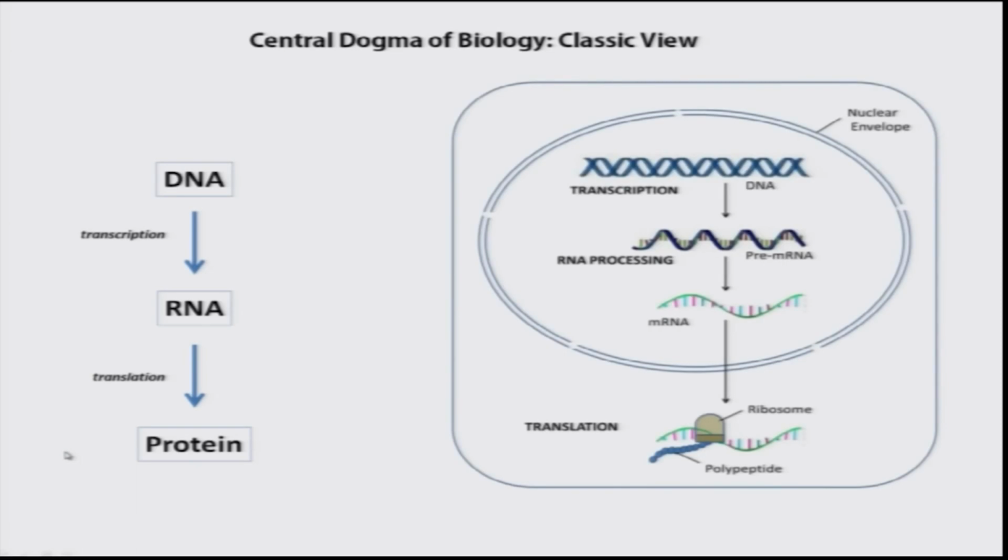This process is shown here in the schematic, where we have our DNA inside our chromosome, and that is being copied by the process you call transcription, and you have this mRNA, which is processed to form a mature mRNA, which moves out of the nucleus into the cytoplasm of the cell, where you have machinery called ribosomes that help in reading the RNA to form what is called a polypeptide, which on its own can function as a protein, or a group of them can join together to form a complex which we now call a protein.